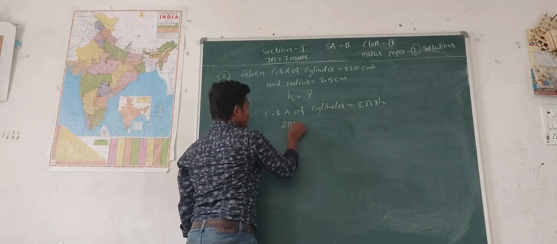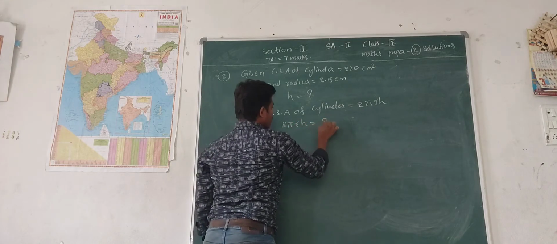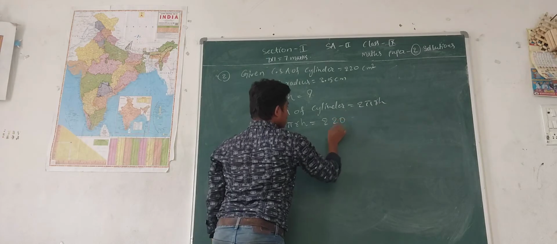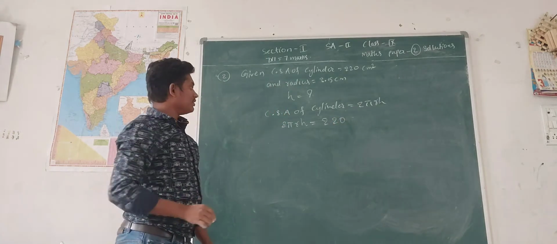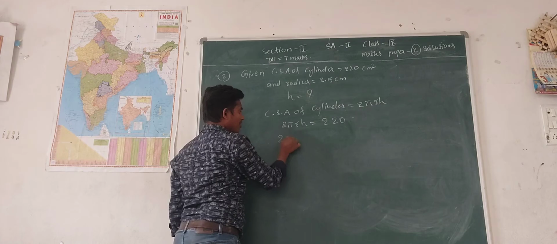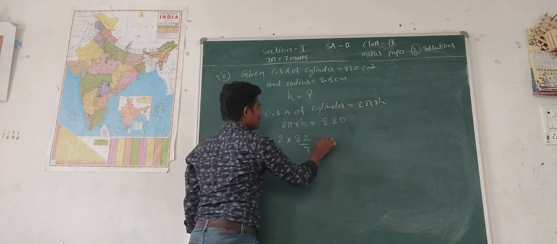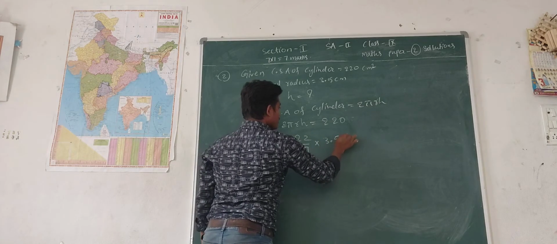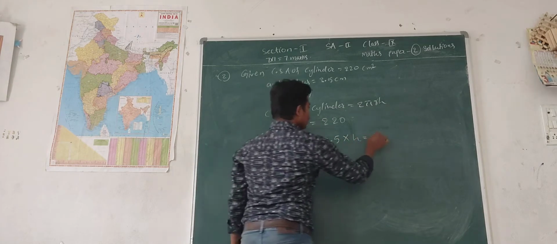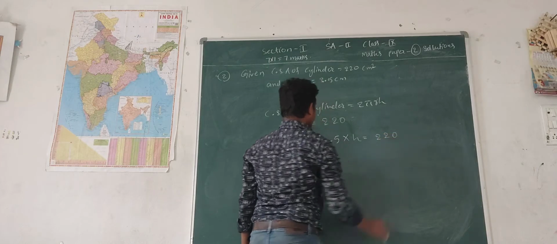So 2 pi r h value is given 220 centimeters square. Okay. So we can write pi as 22 by 7 and r value is given, that is 3.5 into h equals to 220.